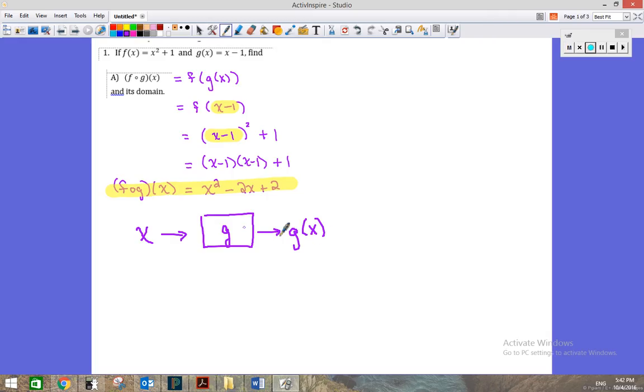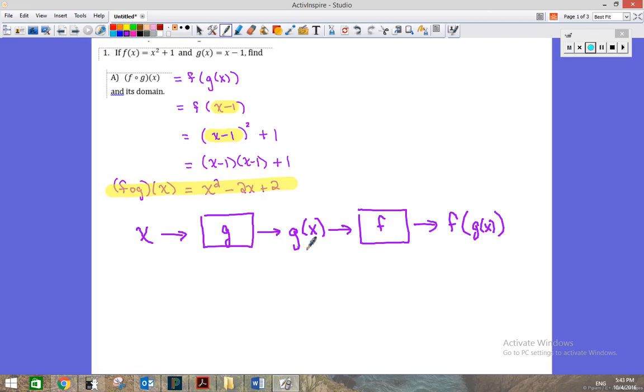This is input and output. Then this g of x becomes the input for f. And that's where we get this notation, f of g of x. The input is always in between the parentheses.